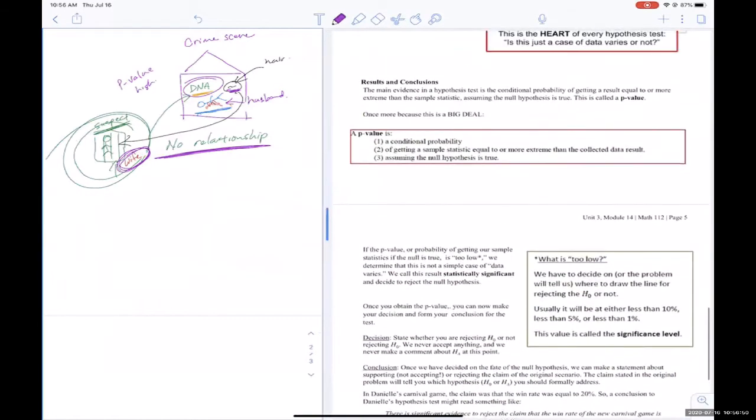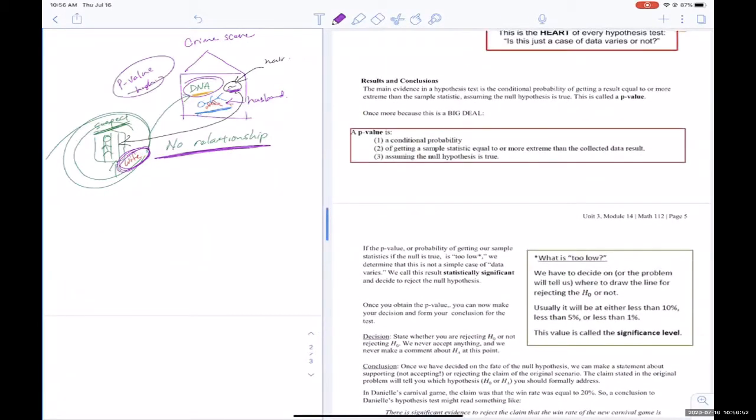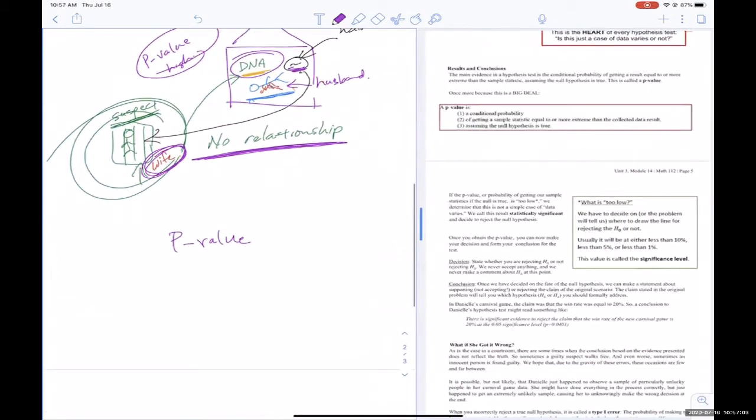And this is exactly what we do with hypothesis testing. That is an overview. The p-value is what we're looking for, and we're always going to compare that p-value to what we call the significance level, the alpha level.